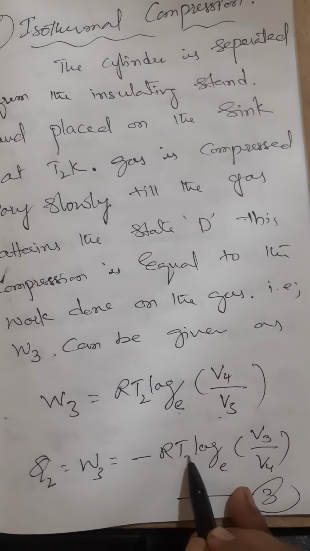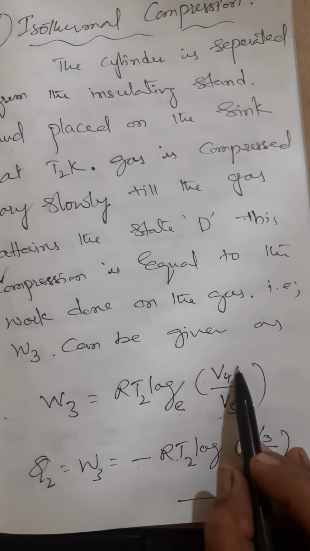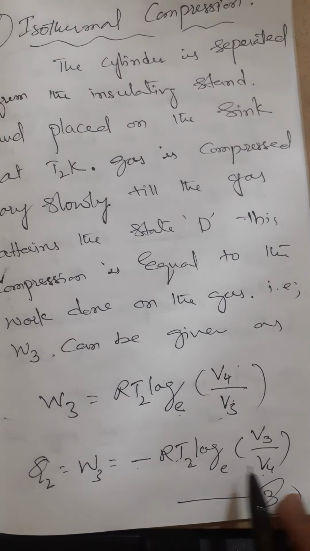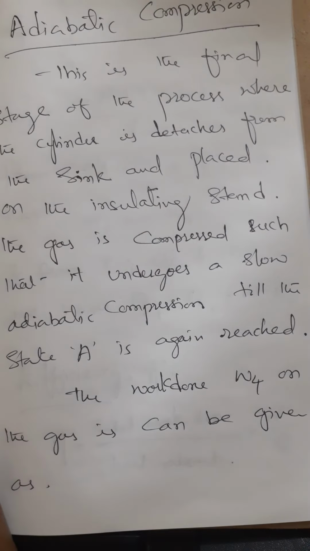This can be written as minus RT2 log e V3 by V4, since V3 goes up and V4 goes down, so we should write minus. Let us take this as equation number 3.